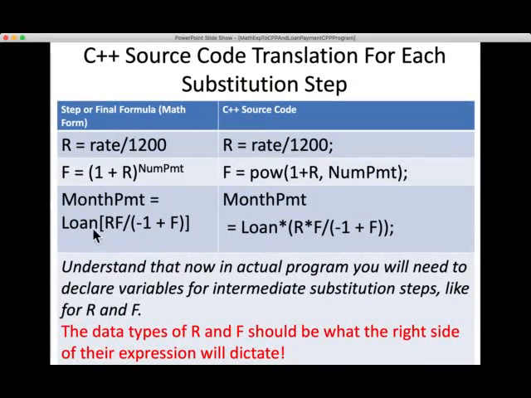So change square brackets to parentheses, putting a multiplication operator between loan and this expression, and then RF again can't be multiplied unless we do R asterisk F. We need the multiplication operator, and the denominator remains as is. There is no need to change because the division operator is the same in math and C++.